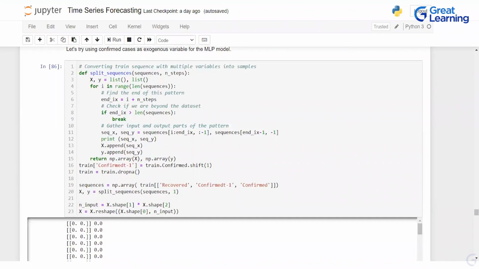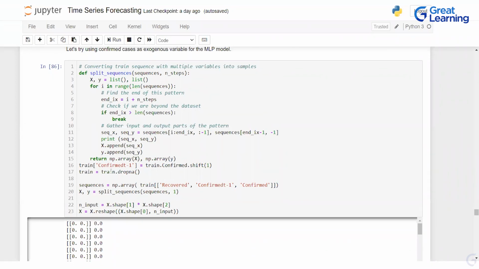And then each and every part I've written: find the end of this pattern. What is the step size that you have? Check if we are beyond the data set, whether it is within the length or not. Gather the input. If it is so, then break it. Gather input and output patterns, your X and Y, that is your input and output that you are having. Append it over there. And this is the function that I created.